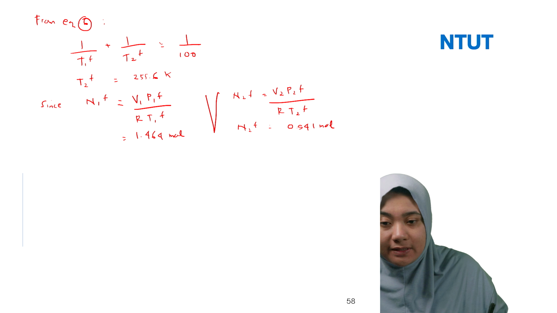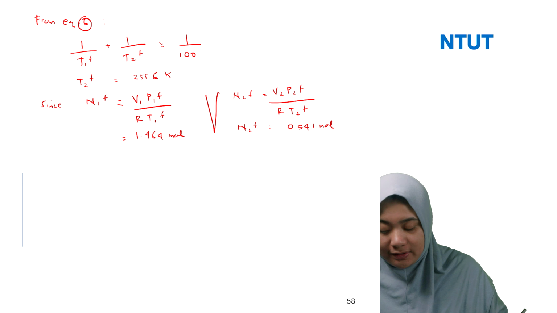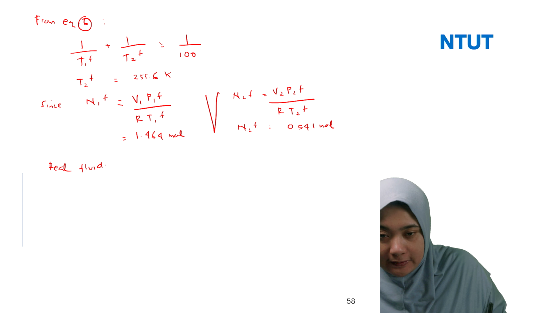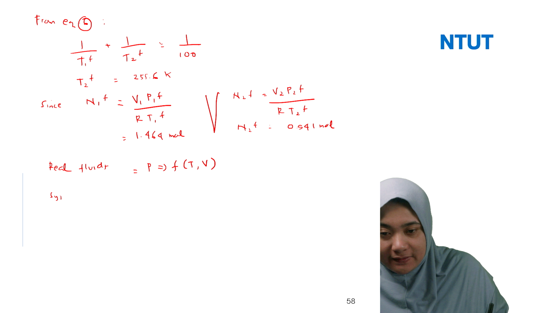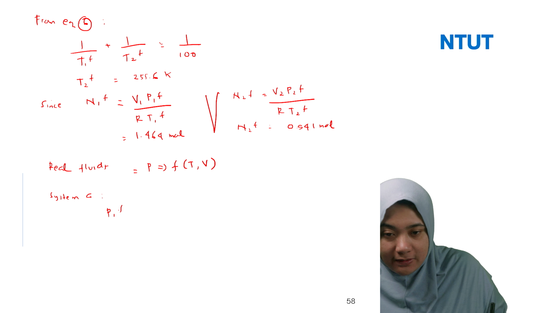So that is how we solve everything for the ideal gas. And how about the real fluids? If you have real fluids, you need to consider the pressure as a function of T and V. So for example, you have system A. It means you have P1F equal to P2F.